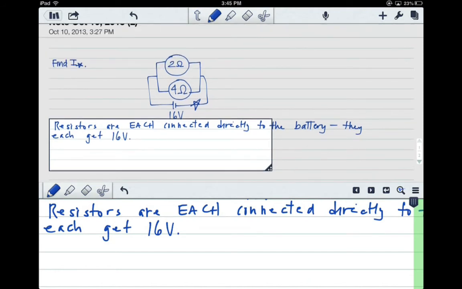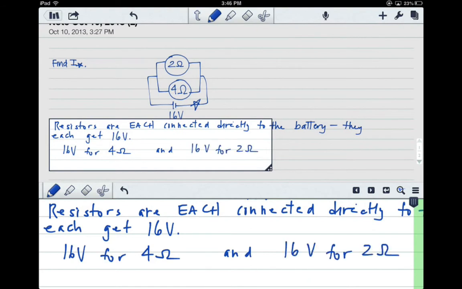So that means that we have 16 volts on 4 ohms and 16 volts on 2 ohms.